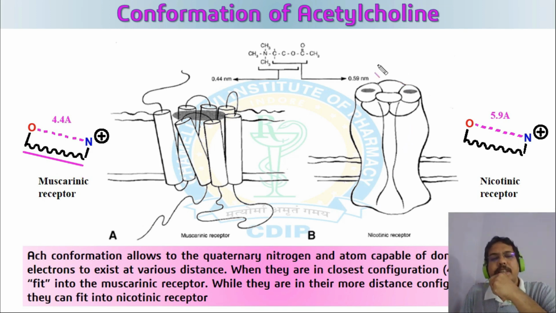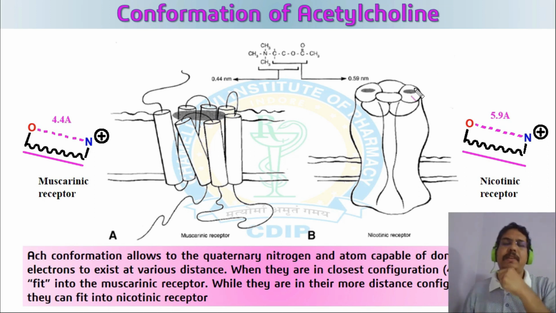While if you look at the distance for binding with the nicotinic receptor, it is 5.9 angstrom. And this is only feasible if there is the possibility of different conformers in which the distance of quaternary nitrogen to oxygen varies, and that is feasible in the case of acetylcholine.